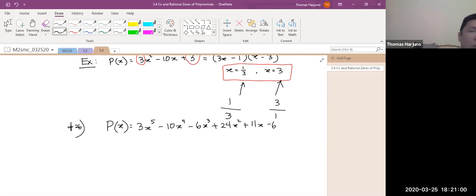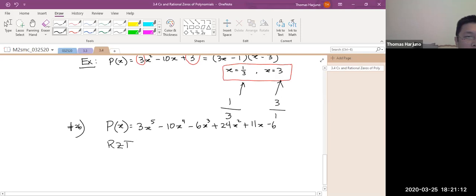What we can do is guess. And if we need to guess, we would like to know which numbers to guess. Okay, so according to the rational zero theorem, if c is a zero of the polynomial, then c must be a factor of the constant over a factor of 3.